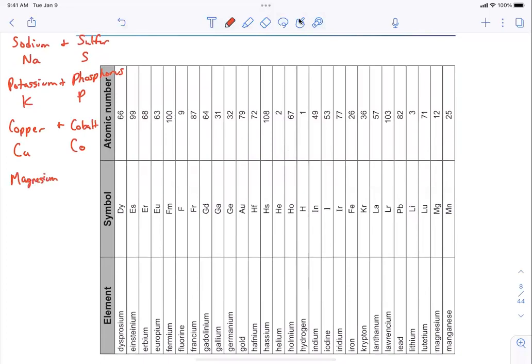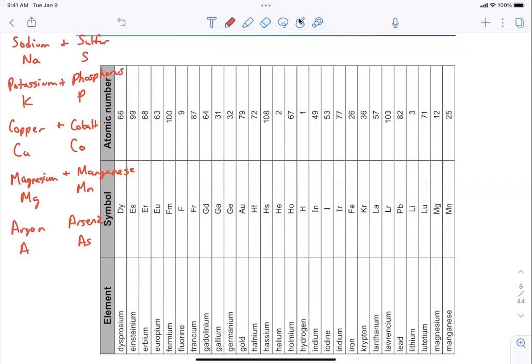Magnesium and manganese, that's Mg versus Mn. I guess argon and arsenic, Ar versus As, is another common one.